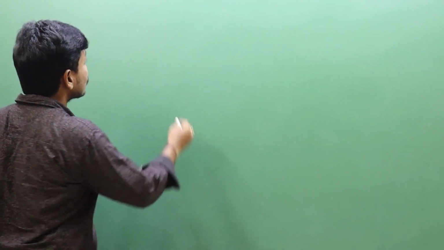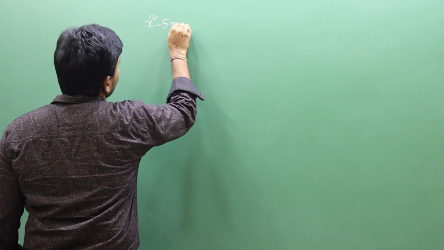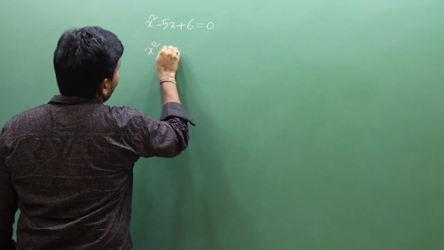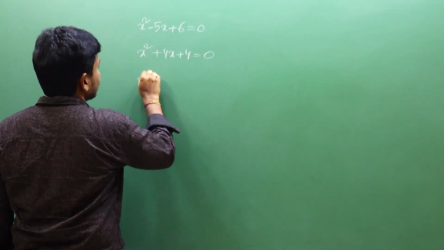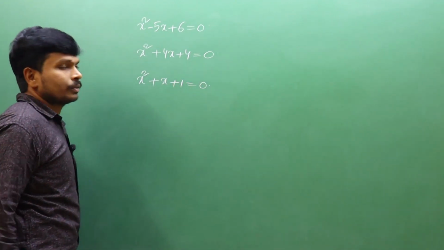A simple, easiest problems I will give you. Get ready to do it. Our problems are: find the roots of x square minus 5x plus 6 equal to 0, x square plus 4x plus 4 equal to 0, x square plus x plus 1 equal to 0.